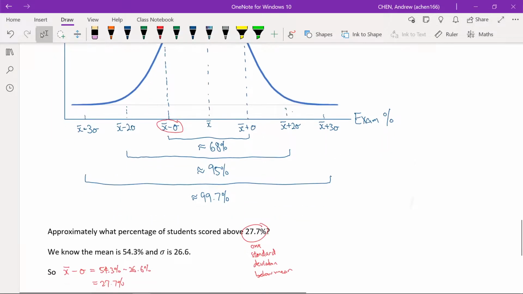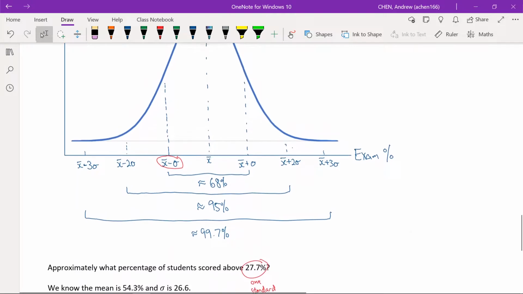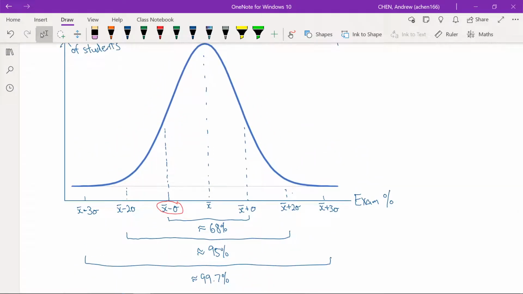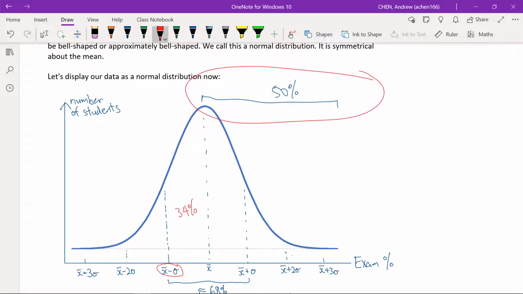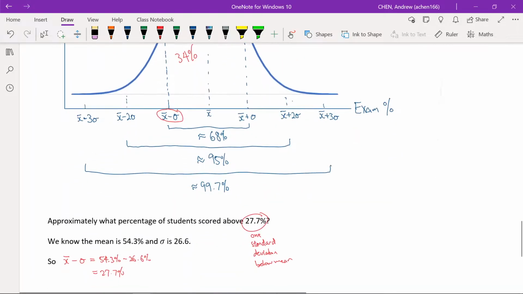Now the question is approximately what percentage of students scored above this. Well, that means we want the area all the way through here. We want this whole area as a percentage. Now, using these numbers, I can calculate that area. We already said before that this section was 34%, and since the graph is symmetrical, from the mean onwards, the upper half of the graph is going to be 50% of our data.